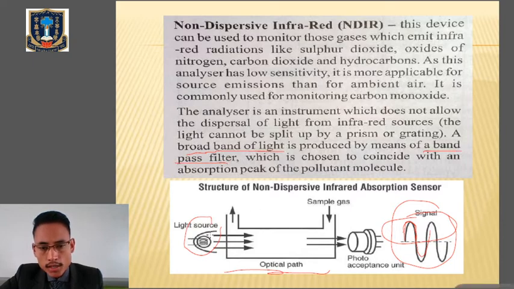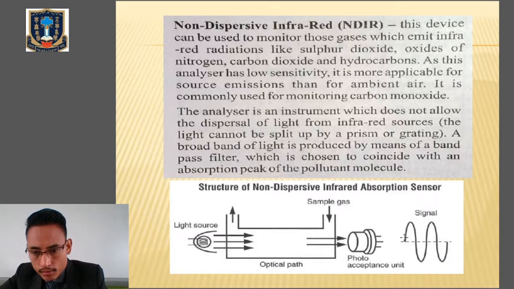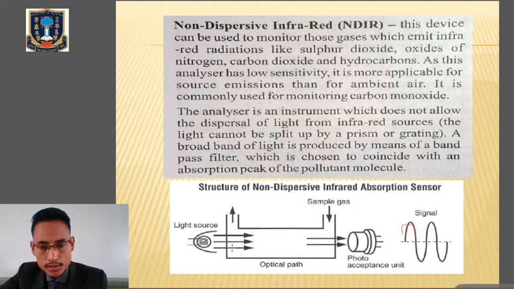When the gases pass through the analyzer in the form of a broad band of light, and pass through the photo acceptance unit, it will form an absorption spectrum, an absorption peak. Here this particular line indicates the absorption peak of the pollutant present in the gases that has passed through the analyzer of the NDIR.